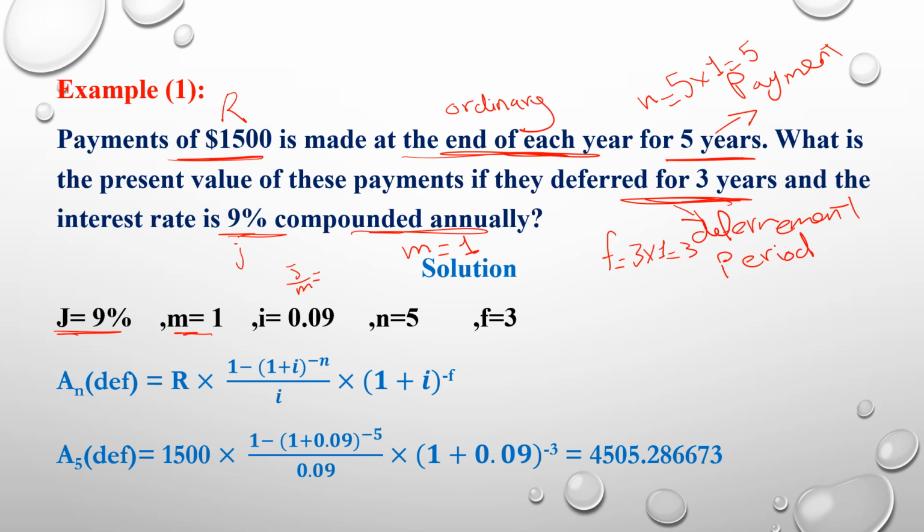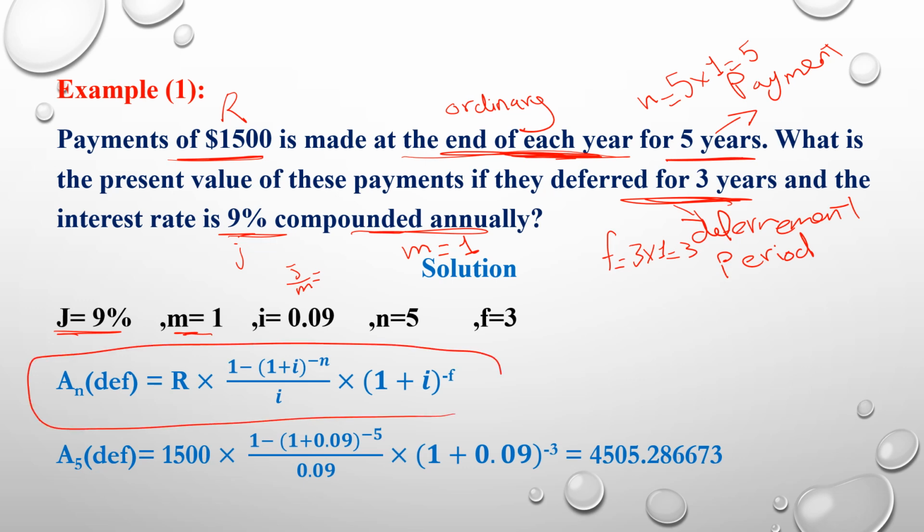From this example, we previously said that the payment is made at the end of each year. So it's an ordinary annuity, but it's a deferred ordinary annuity. So we would use the formula a_n deferred equals R times (1 minus (1 plus i) to the power of minus n) over i, times (1 plus i) to the power of minus f.